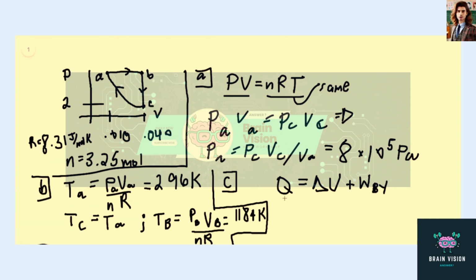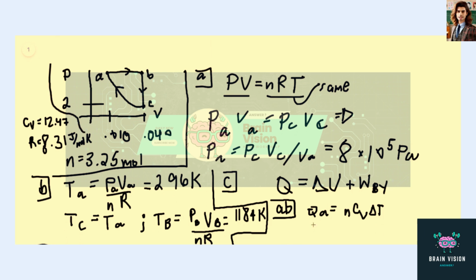Now we want to do it for each case. For case A to B, QAB is equal to delta U plus work, and delta U is n CV delta T. If you look up CV, it's 12.47. I'll put that in our constant box. CV equals 12.47.